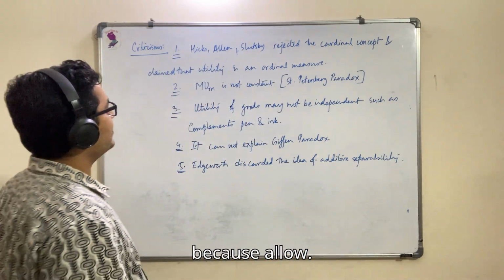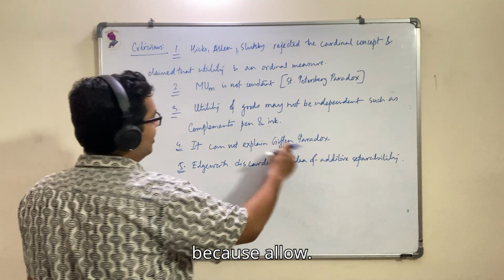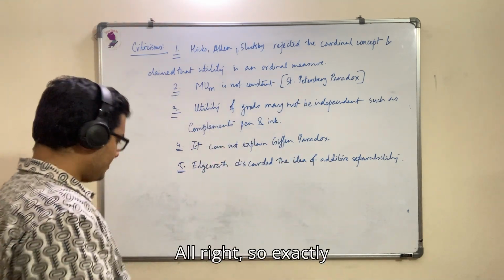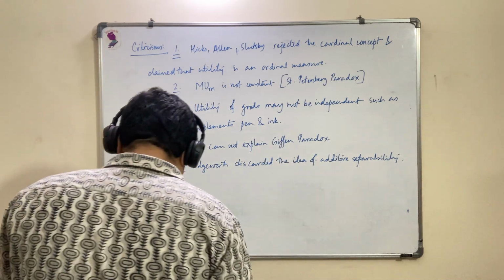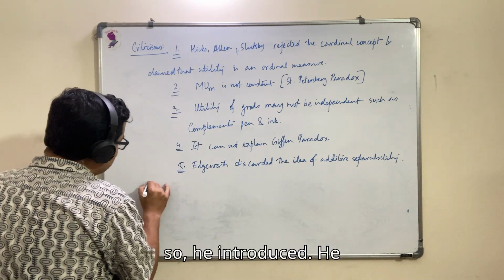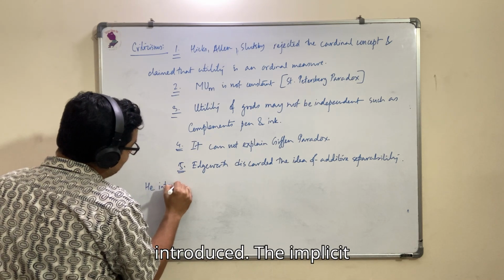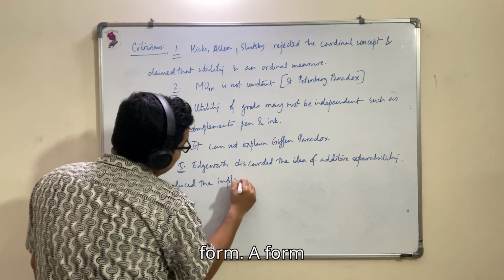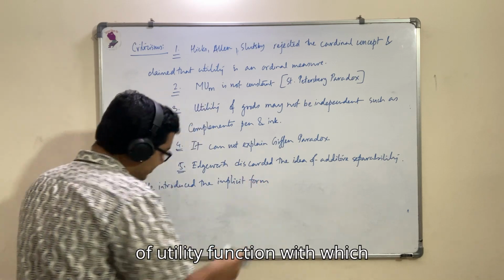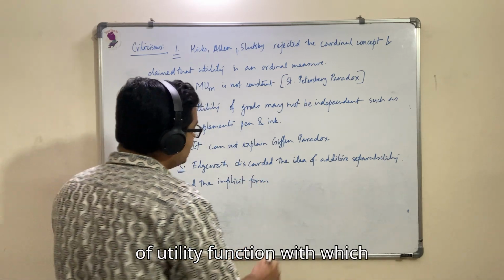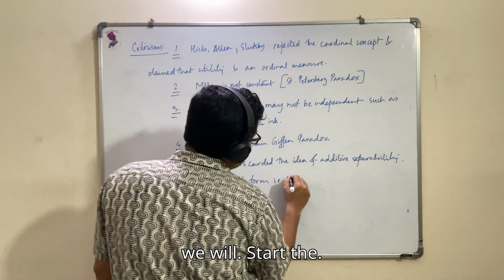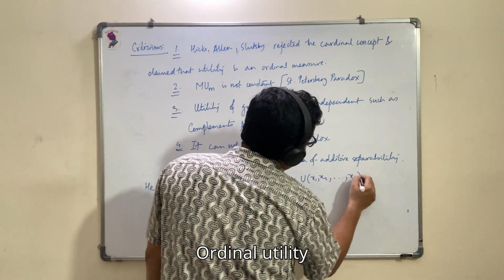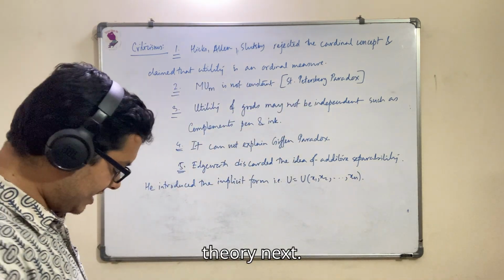Obviously now you can see, because this allows this, alright? So he rejected it. So he introduced the implicit form, a form of the function with which we will start the ordinal utility theory next.